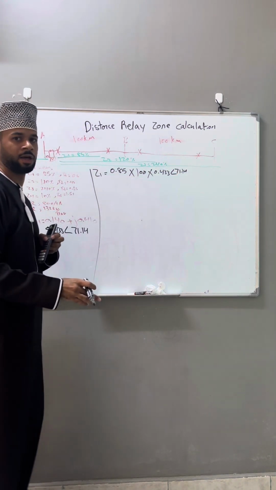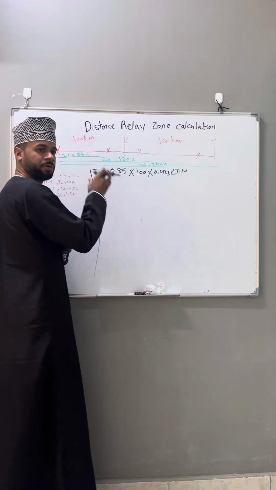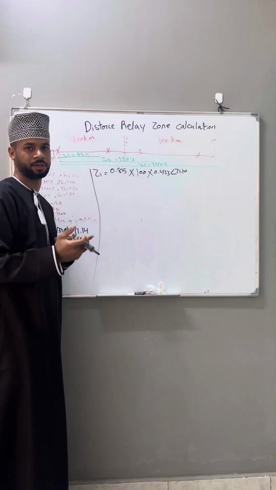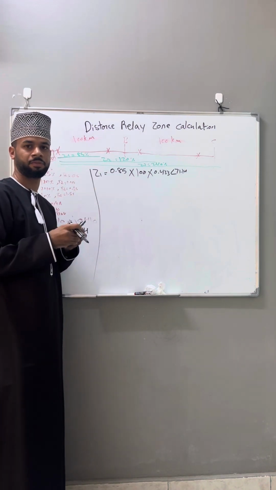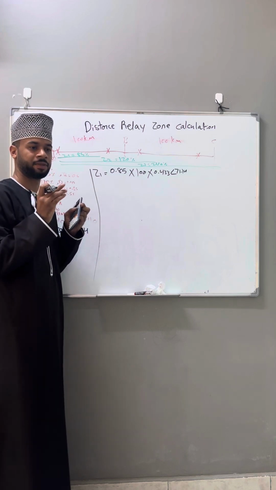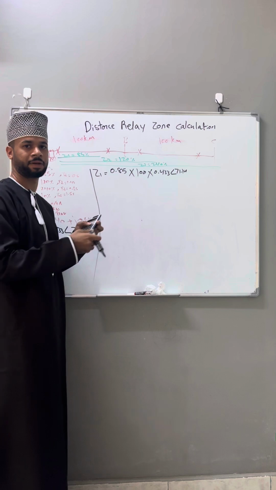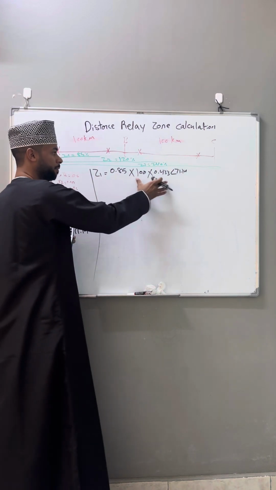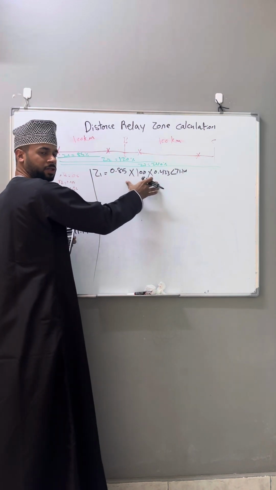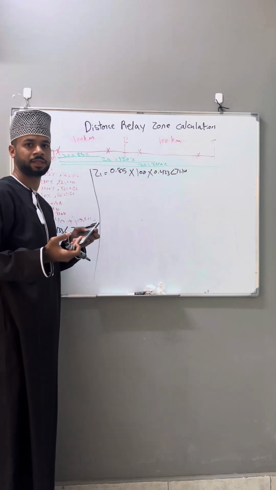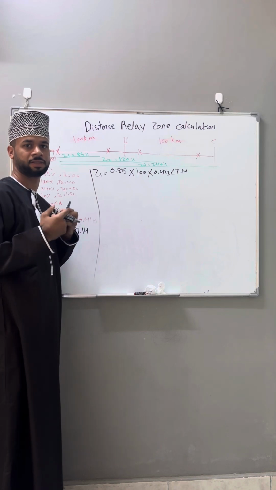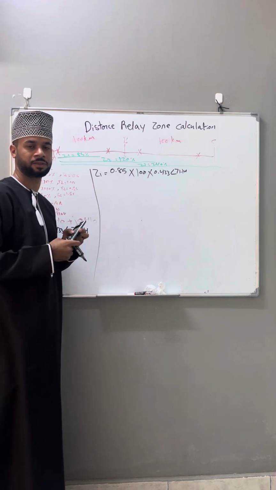This value gives you the impedance on the primary side, but in the distance protection relay the setting is implemented at the secondary value, not the primary value. So if we use this equation only, we get the primary value, but we need the secondary value to enter in the distance protection relay.